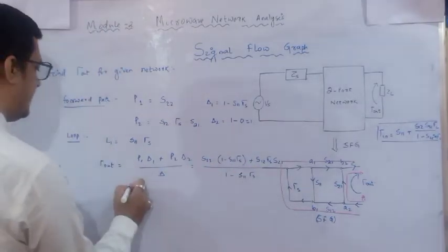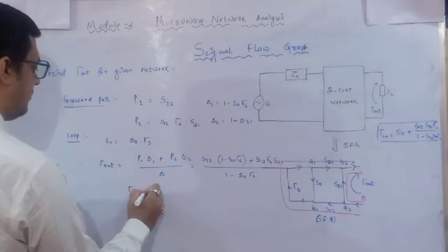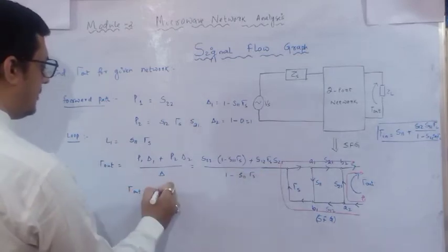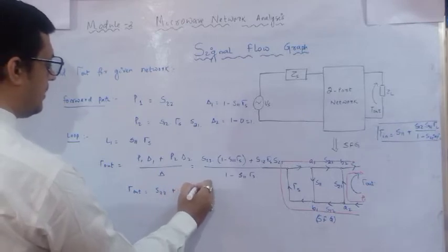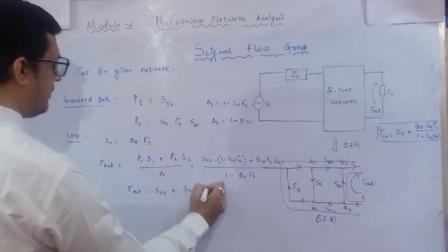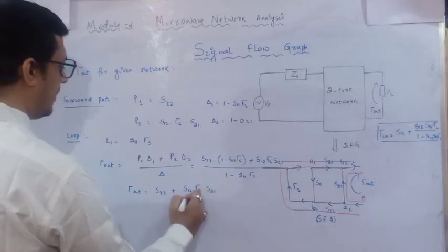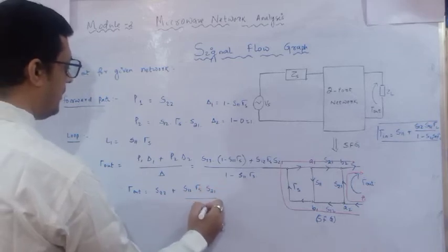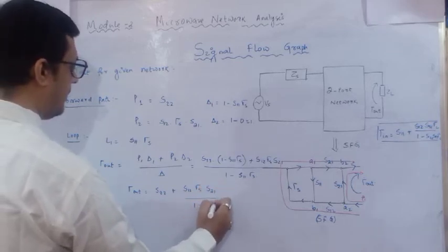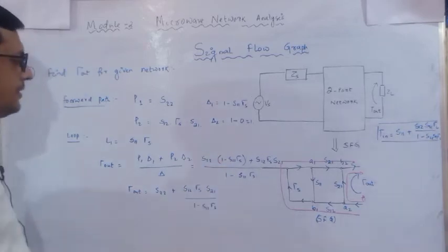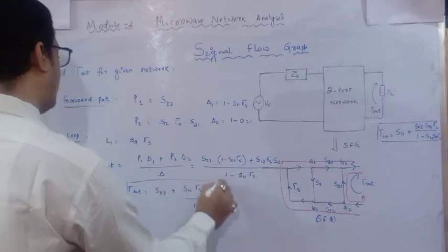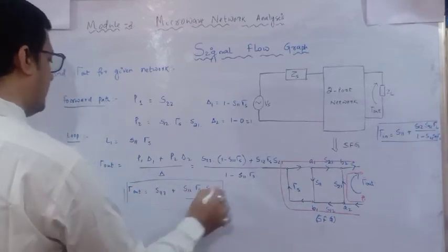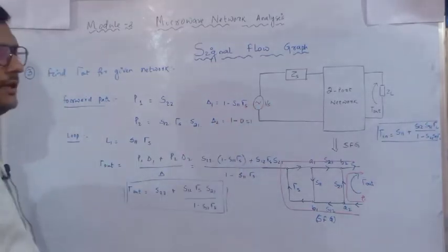Now this I can simplify. The reflection coefficient at the output is equal to S22 plus S12 times the reflection coefficient of the source times S21, whole divided by 1 minus S11 times the reflection coefficient of the source. So this is my reflection coefficient at the output as per the given figure.